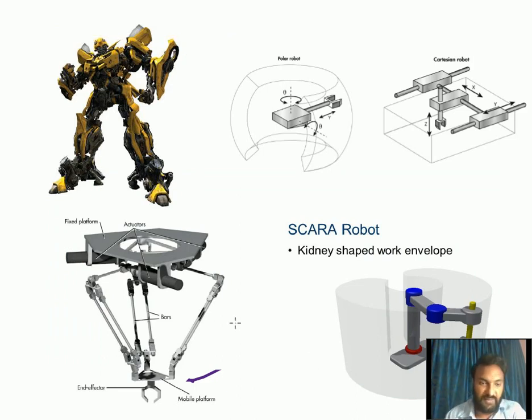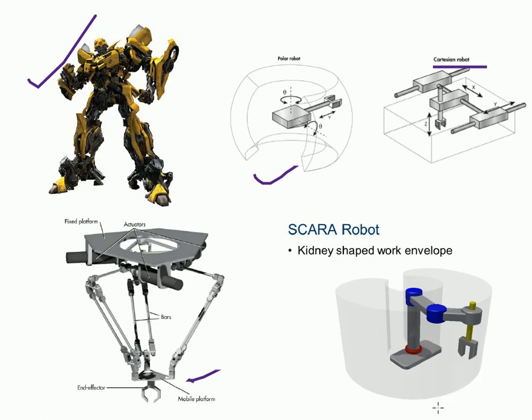So you see here, this one is Optimus Prime, this one has a partial spherical work volume, this one a cylindrical work volume, the polar robot, and again Cartesian, with a rectangular solid work volume, and the SCARA robot is there. So the work volume is like this way, again cylindrical.